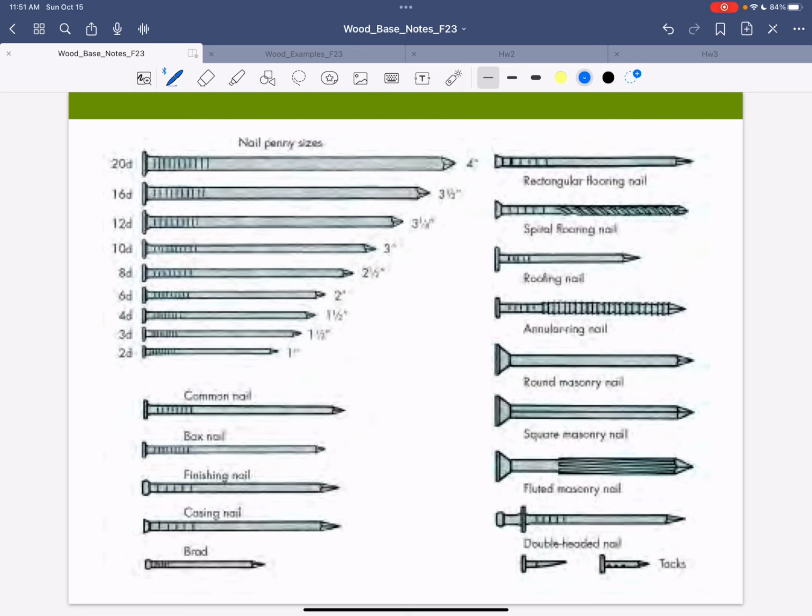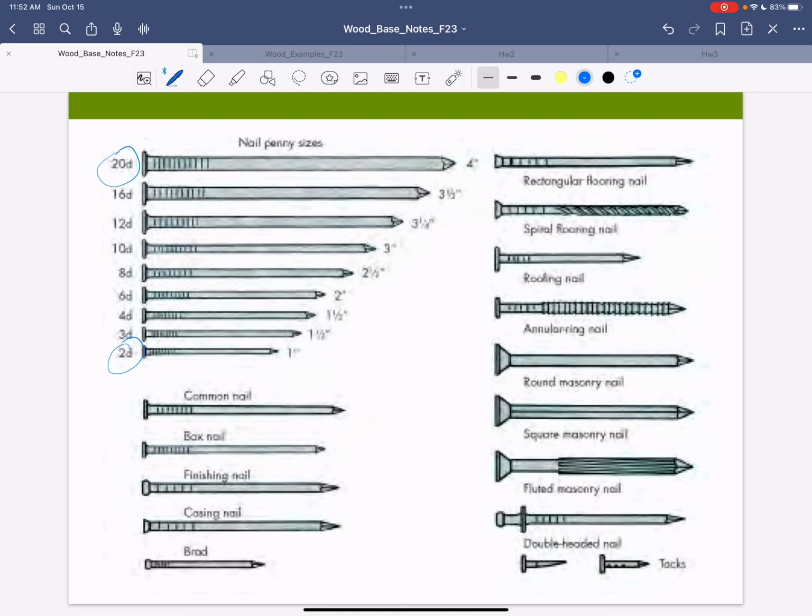They're called penny: how many penny nails, 10 penny nail, etc. That was originally because you could get a bunch of them for pennies. Okay, so nothing too exciting there. You can see how this runs from 12 penny nail down to 2, and this shows you some of the lengths.